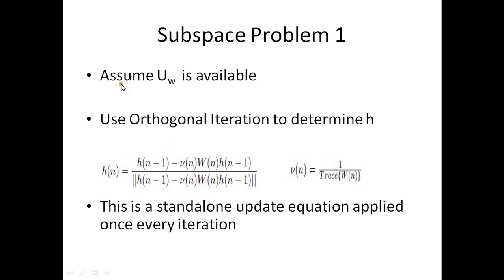Now, solving problem 1 is pretty straightforward, assuming that UW is available, that is, the noise subspace basis is available. We will use orthogonal iteration to determine H, which will be nothing but a simple normalization equation given by h of n is equal to h of n minus 1 minus mu of n into w of n into h of n minus 1, divided by the norm of the same, where mu of n is 1 over trace of the estimate of the w matrix.